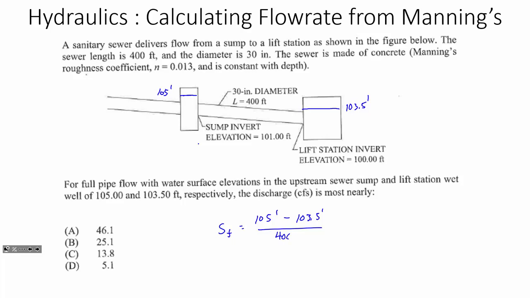divided by 400. So they try and trip you up a little bit here because you're given basically the bottom of the pipe. You're given the elevations for that sump invert and the lift station invert where the pipe is coming through there. You're given those as 101 and 100 feet. It was somewhat surprising, but if you plug those numbers in, that doesn't give you one of these four answers.